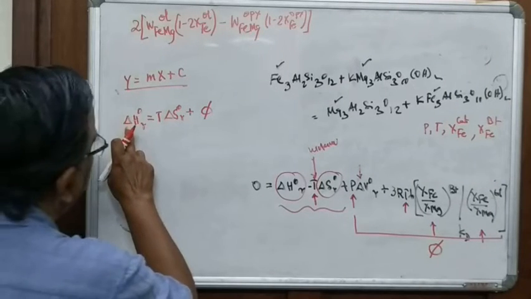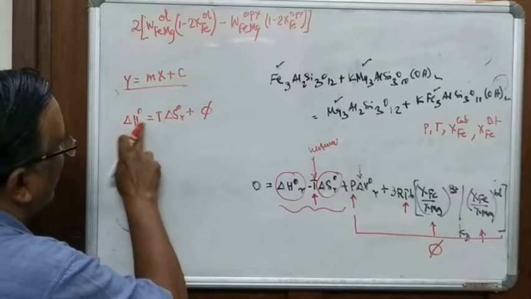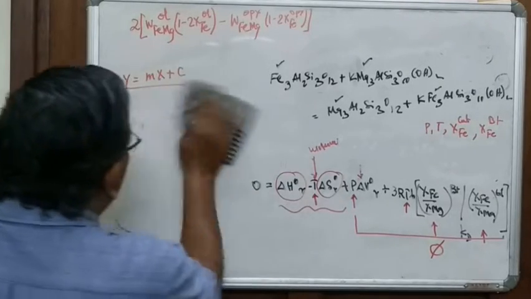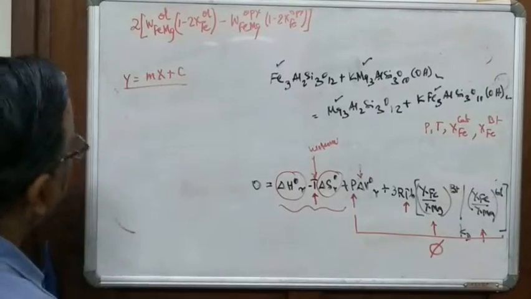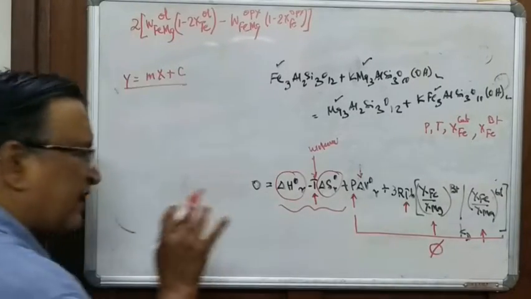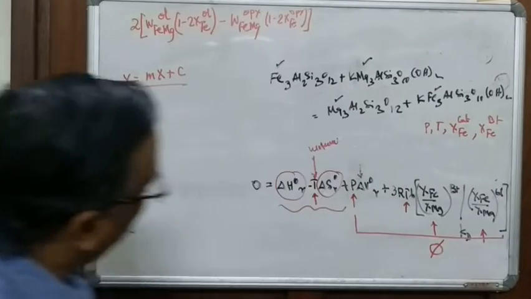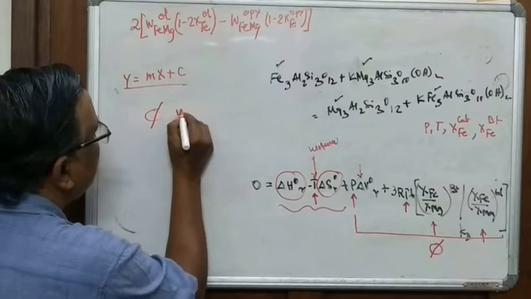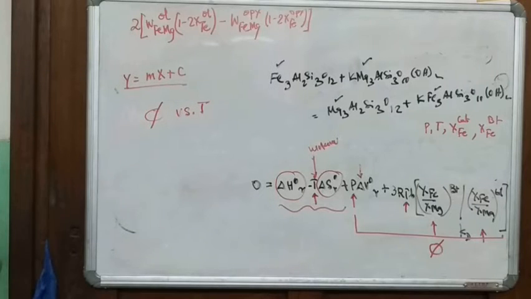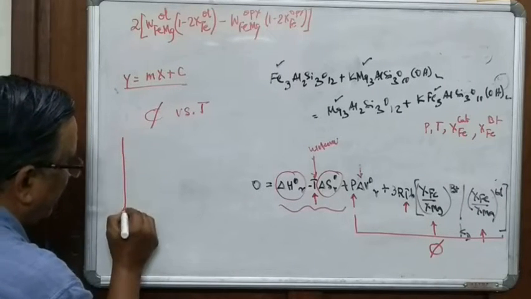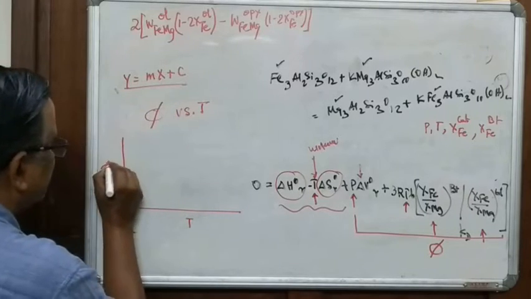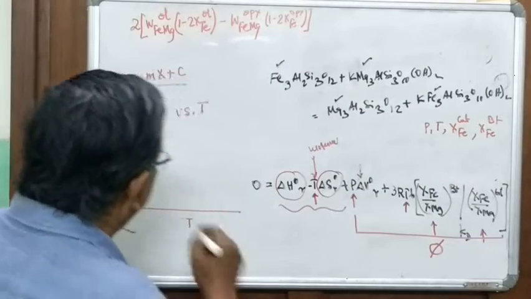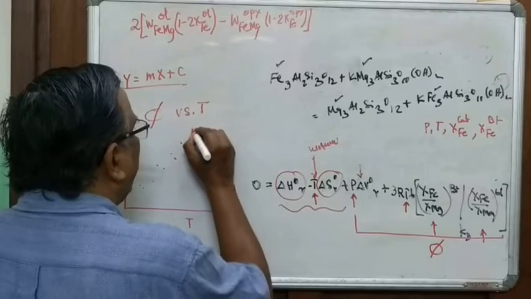Have you understood? What I will tell you, from the paper, is here you plot phi versus T. If this is T and this is phi, for the experimental conditions given, you will see that you have several points determined.